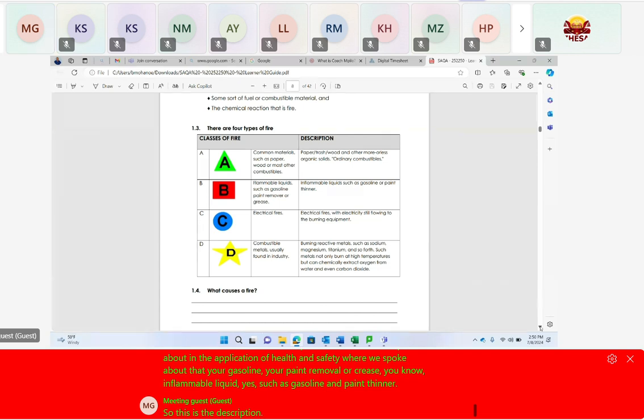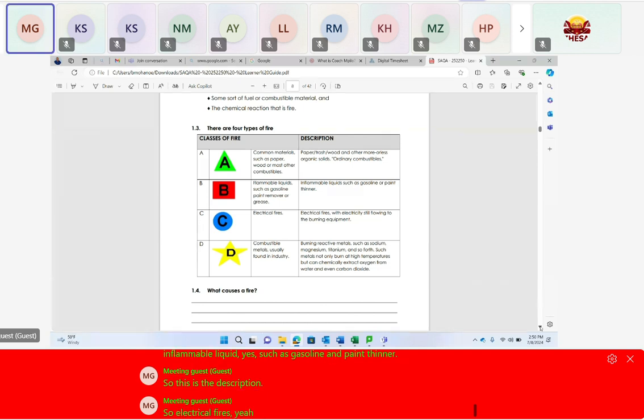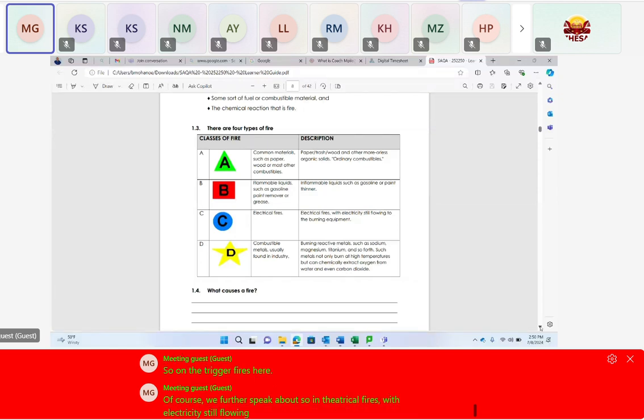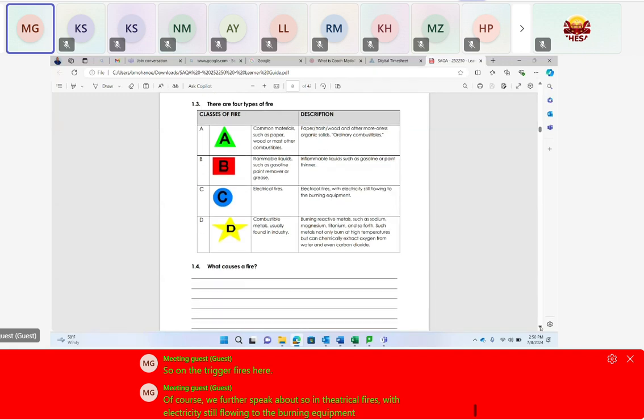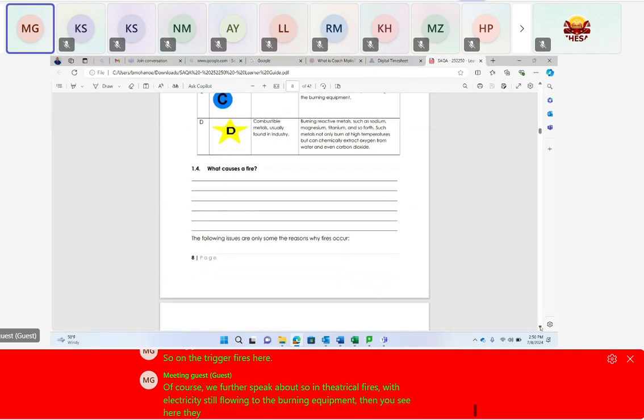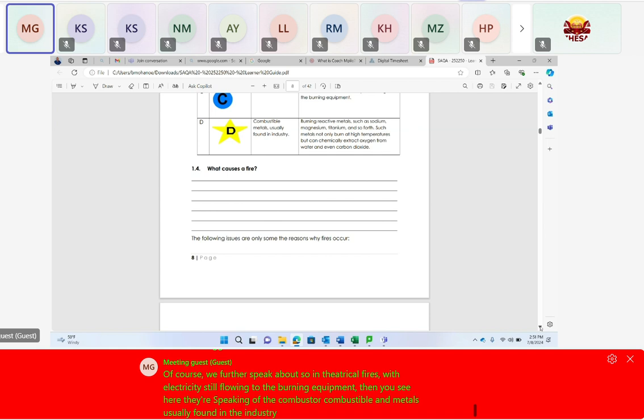So electrical fires. On electrical fires here, of course, we further speak about electrical fires with electricity still flowing to the burning equipment. Then you see here they are speaking of the combustible metals usually found in big industry.